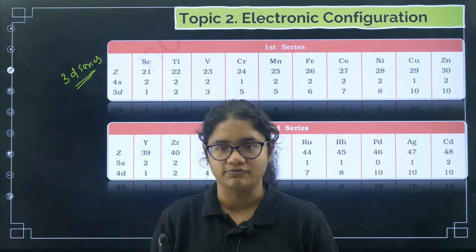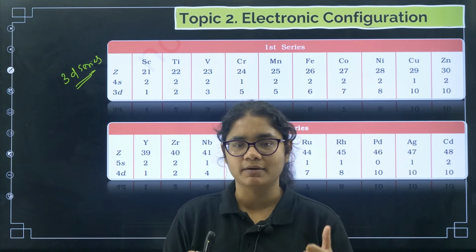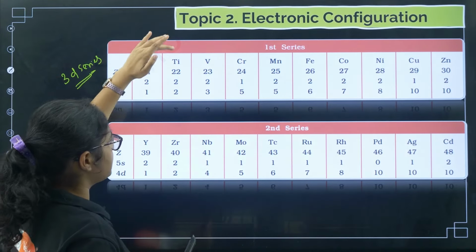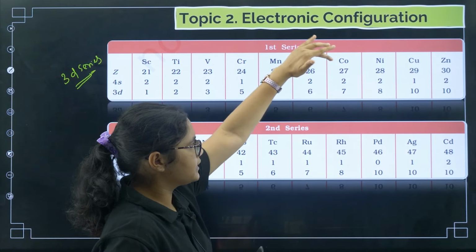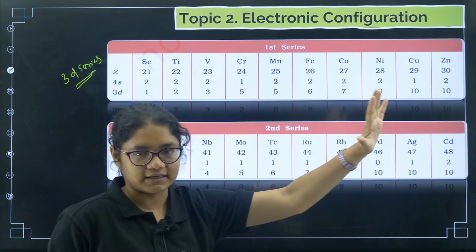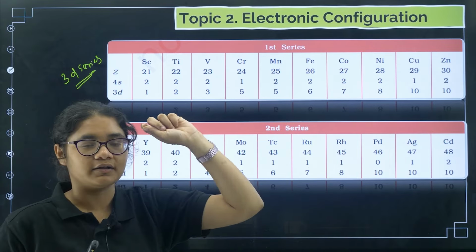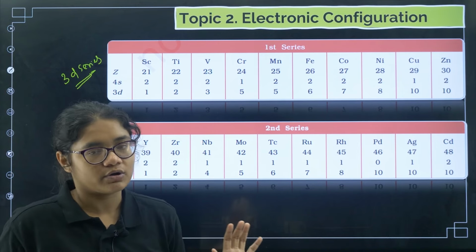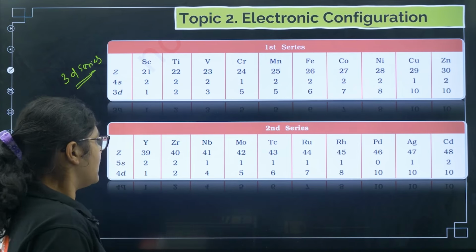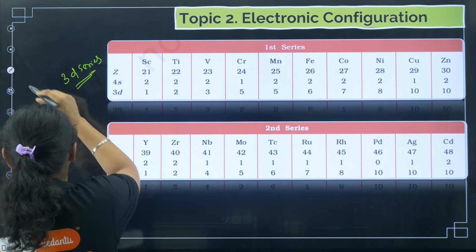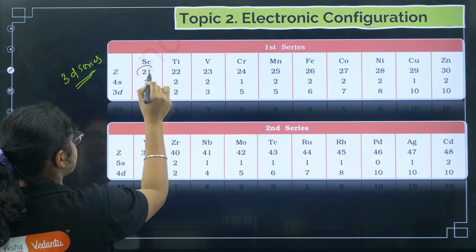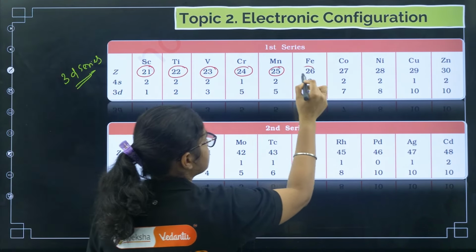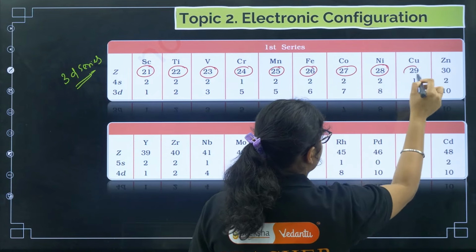It is very difficult, you cannot solve even the easiest questions if you are not confident with the electronic configuration. So only 10 elements you have to remember, that is the 3d series: scandium, titanium, vanadium, chromium, manganese, iron, cobalt, nickel, copper and zinc. I want the electronic configuration of these 10 elements to be remembered by all of you. Here the atomic numbers are given: 21, 22, 23, 24, 25, 26, 27, 28, 29, 30.